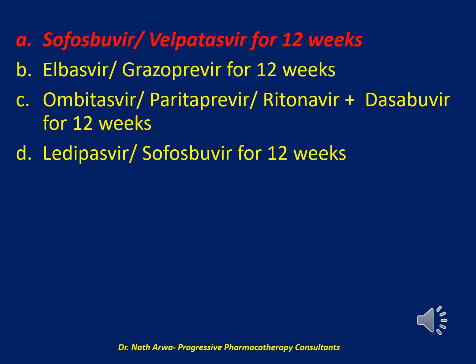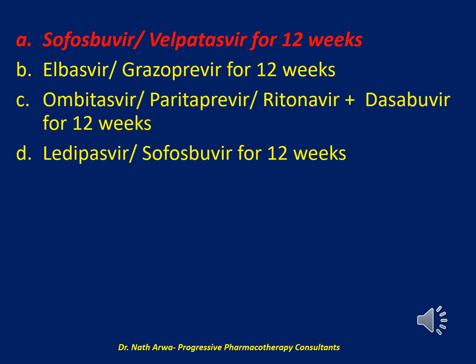And the correct answer is A. Sofosbuvir plus velpatasvir for 12 weeks. Sofosbuvir plus velpatasvir for 12 weeks is the only recommended regimen for patients with cirrhosis with HCV genotype 2 infection. That makes answer A correct.